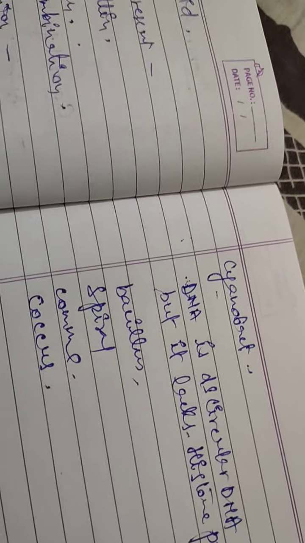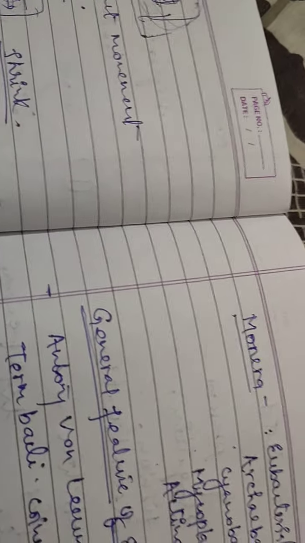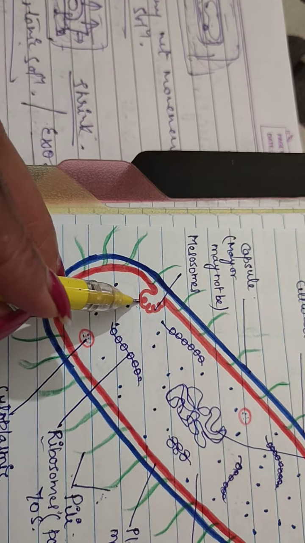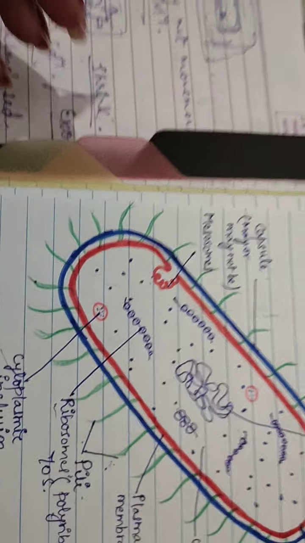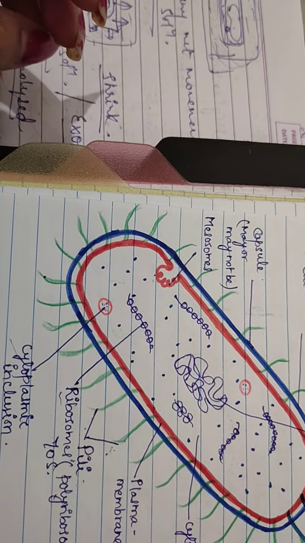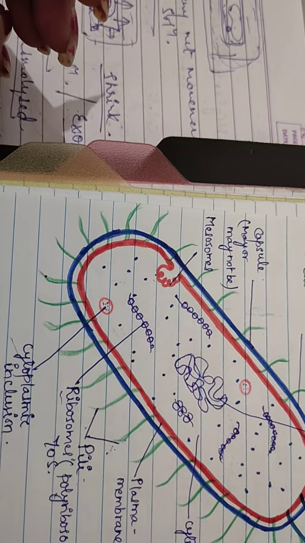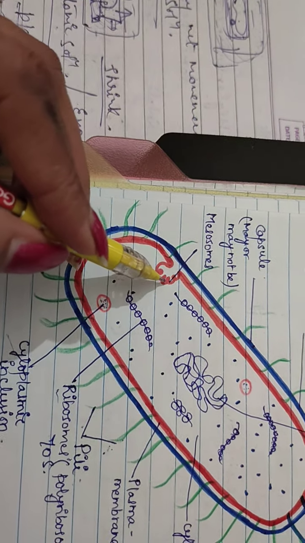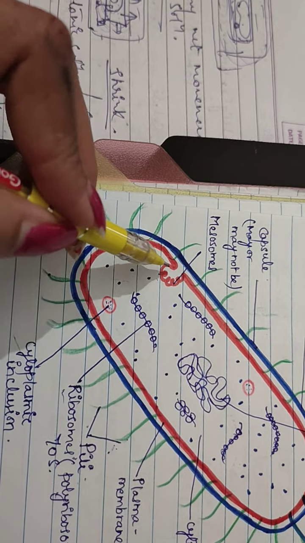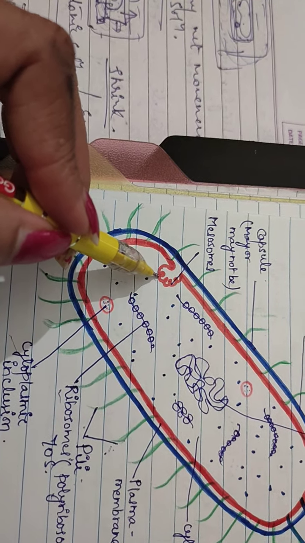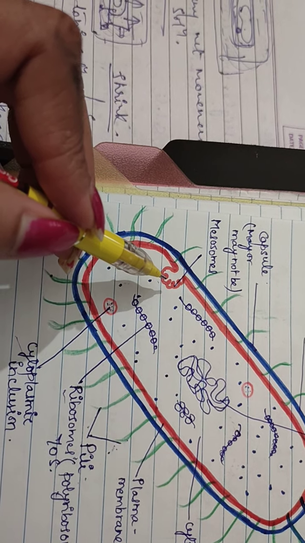So there is another structure here. You can see here, this is mesosomes. Their function is not very accurate, but it seems that these are vesicular, lamellar or tubular pockets of membrane formed by the invagination of the plasma membrane, and it is most common in gram positive bacteria.